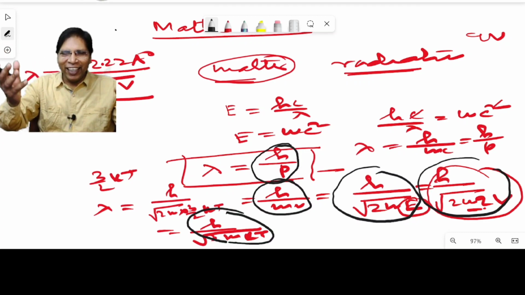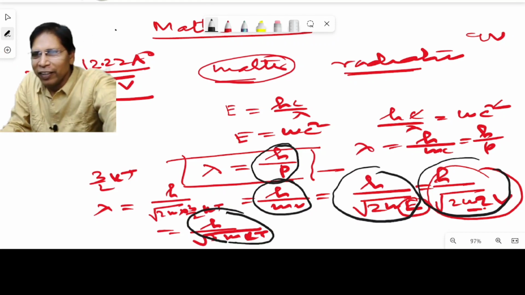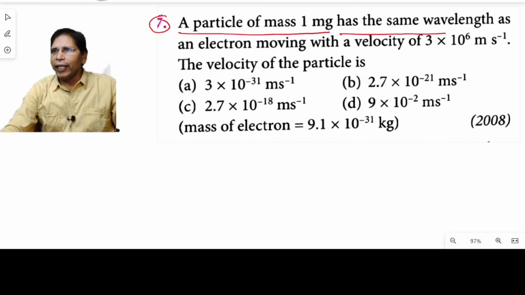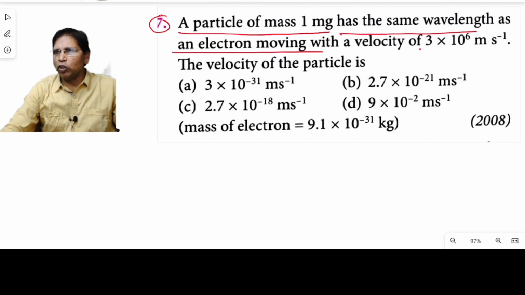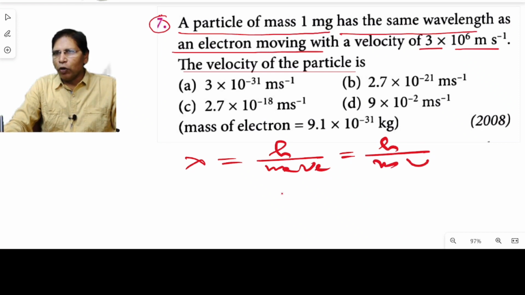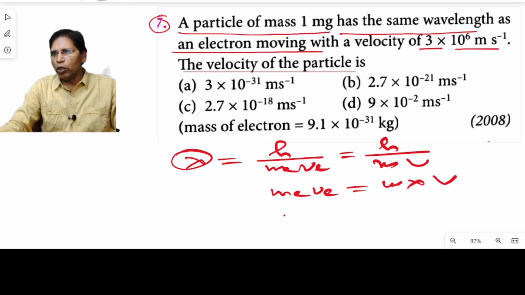Now some numericals relating to de Broglie wave. Question number 7. A particle of mass 1 mg has the same wavelength as an electron moving with velocity 3 into 10 to the power 6 meter per second. Find the velocity of the particle. First of all, wavelength lambda equals h by mv. Here lambda is the same, so mass of electron into velocity of electron equals mass of the particle into velocity of the particle.